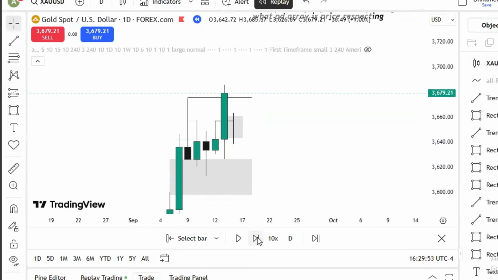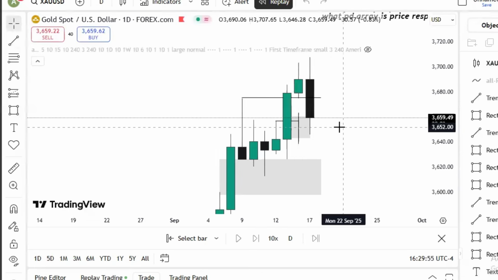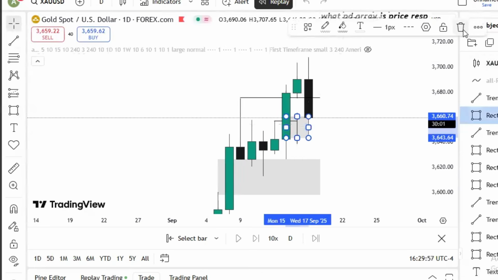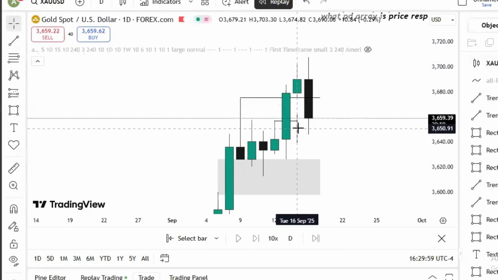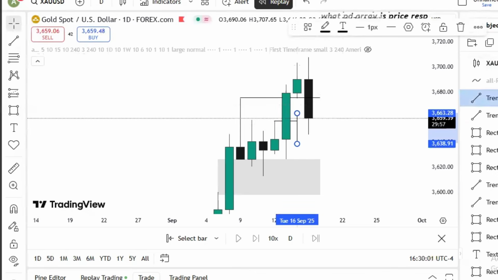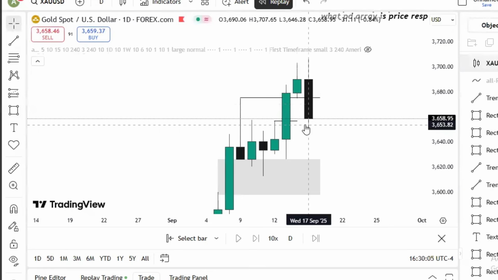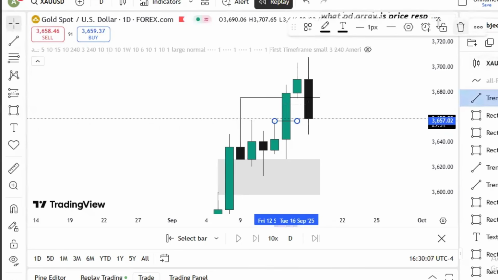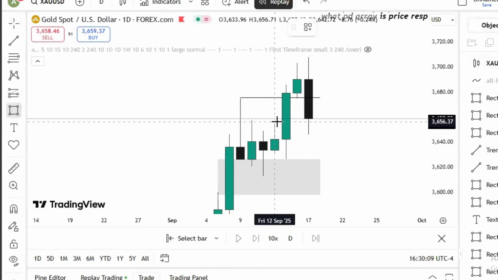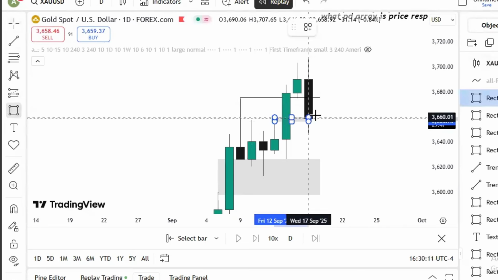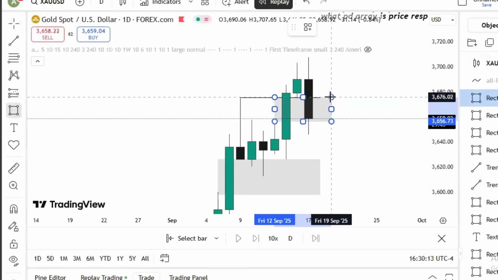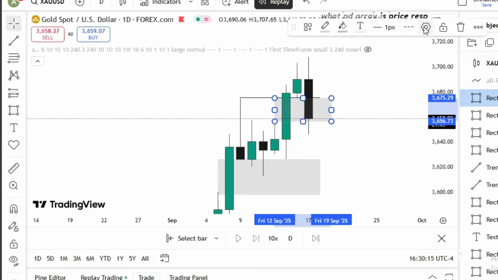So now that we found that, and price is doing what? Now we are at the current price action. You could clearly see that price has traded external range liquidity, and it is coming for this internal range liquidity. Now there is this FEG. We still don't know if price is going to respect this level.